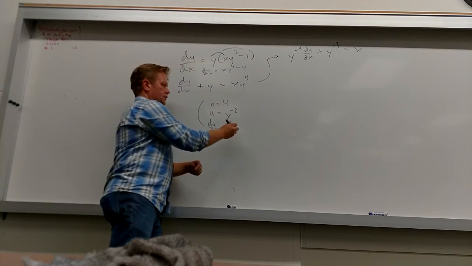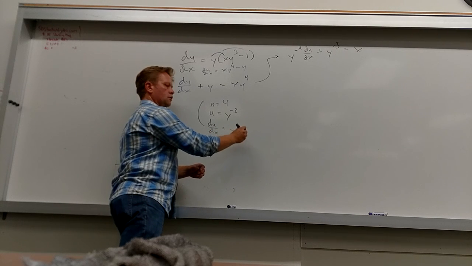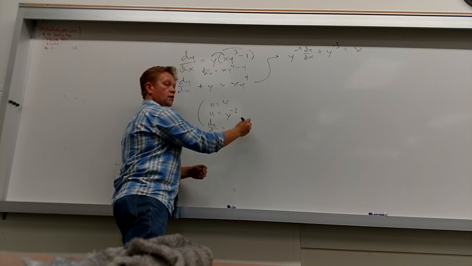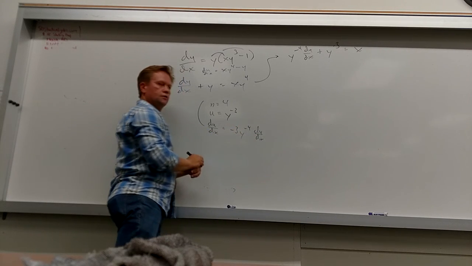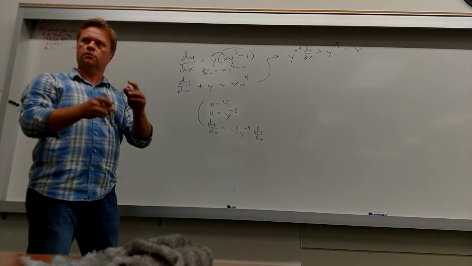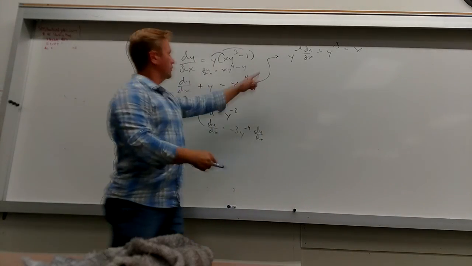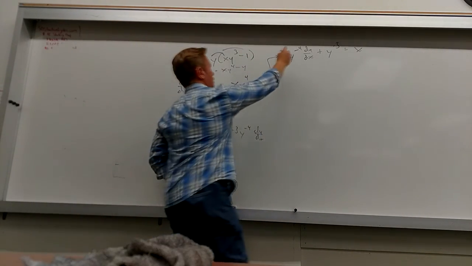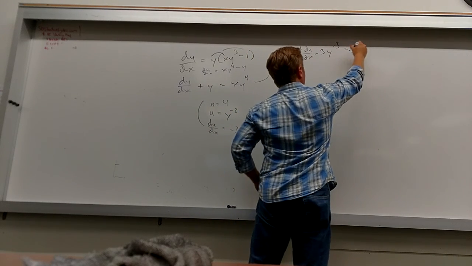And then du dx is negative 3 times y to the negative 4, dy dx. So what is it that I need to do up there to make it match? Multiply by negative 3, right? Cool. So negative 3, negative 3, negative 3.